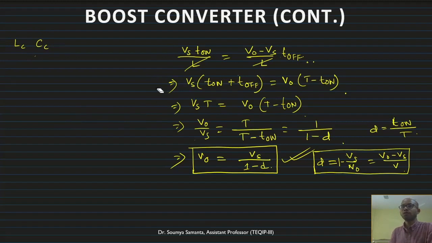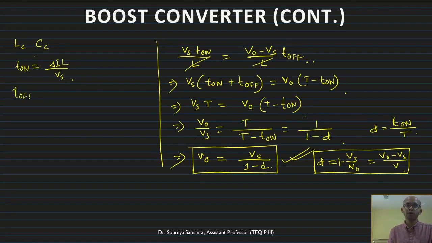Continuing from the T on expression, T on equals delta I into L by Vs. Similarly, T off equals delta I into L by (Vo minus Vs).